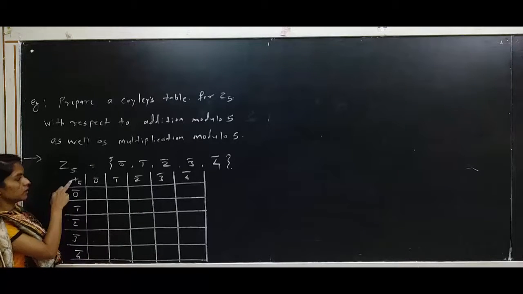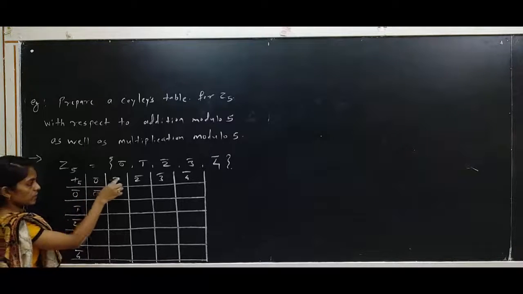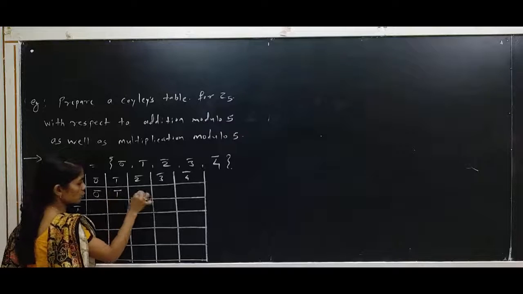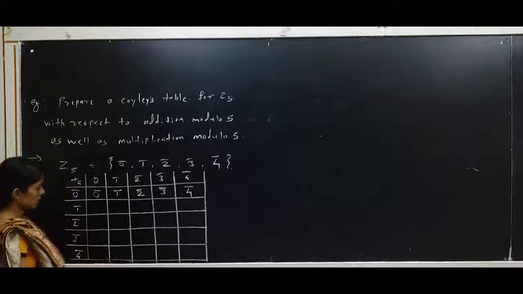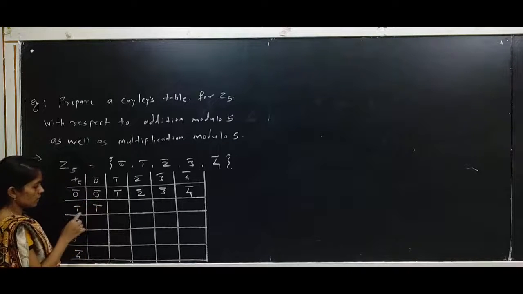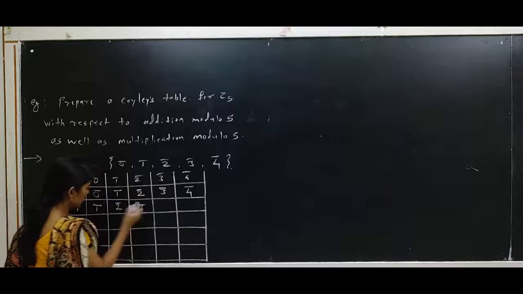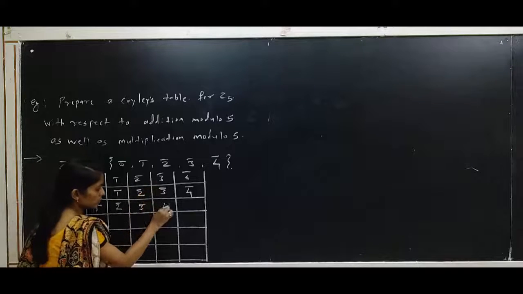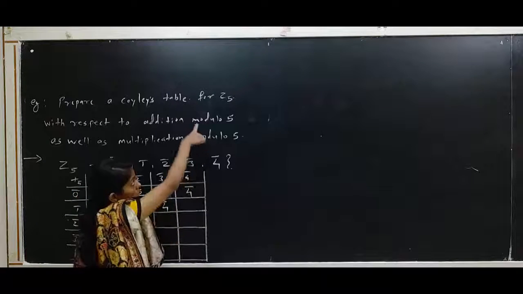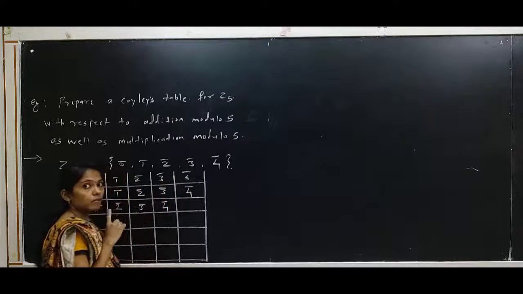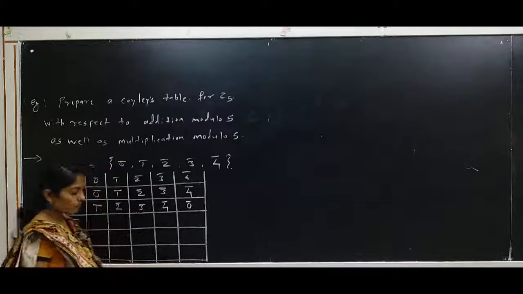So, see here, the operation is addition. So, 0 plus 0 we get 0, 0 plus 1 is 1, 0 plus 2, 0 plus 3 and 0 plus 4 is 4. Now, 1 plus 0 is 1, 1 plus 1 is 2, 1 plus 2 is 3, 1 plus 3 is 4. Here 1 plus 4 is 5 bar, and here it is modulo 5. So, if we divide 5 by 5 then the remainder is 0. So, we get 0 bar.